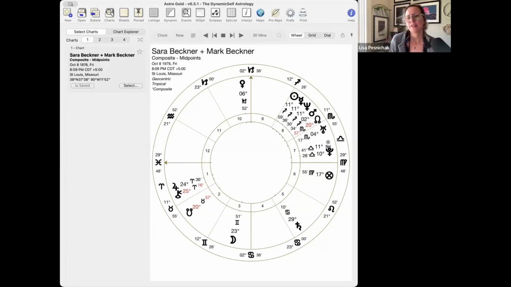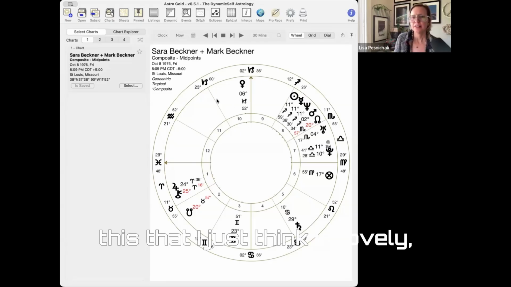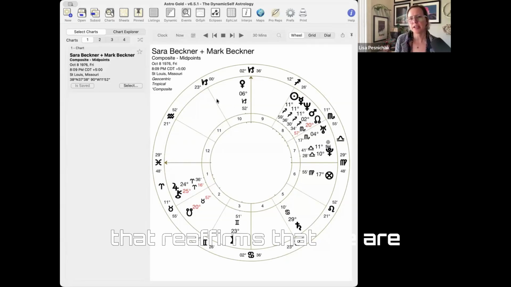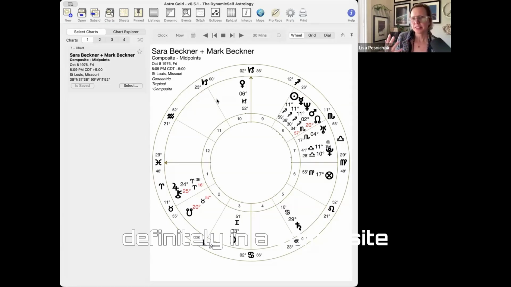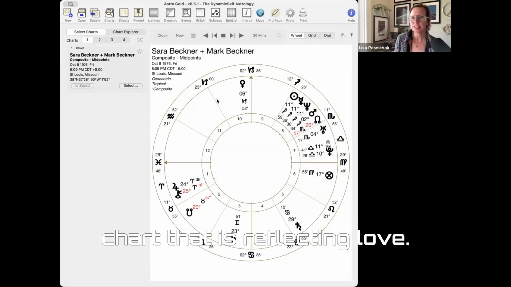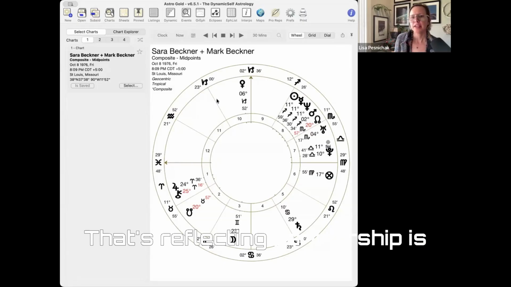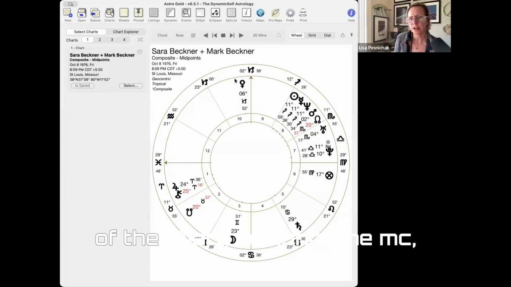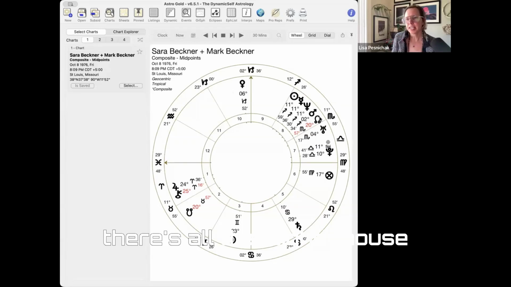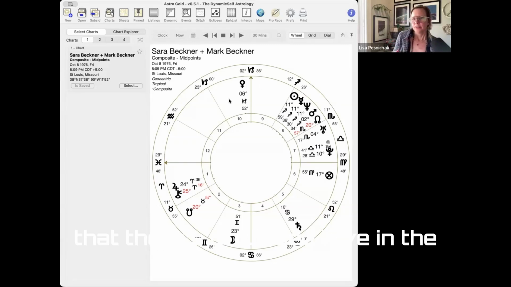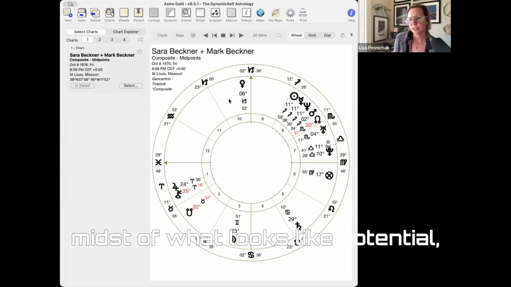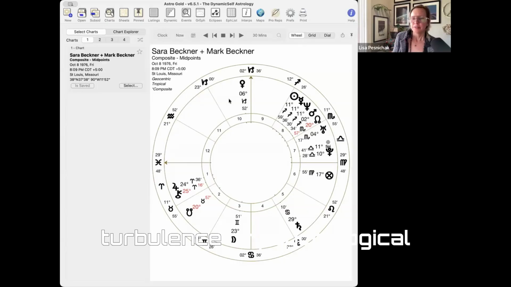I love that. And one last piece about this that I just think is lovely, that reaffirms that we are definitely in a composite chart that is reflecting love, that's reflecting partnership, is we have Venus at the very top of the chart conjunct the MC, which is saying, even though there's all this eighth house stuff going on, there's grounded love in the midst of what looks like potential turbulence or psychological difficulty, which isn't the case.